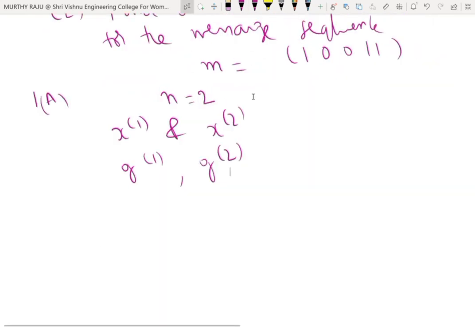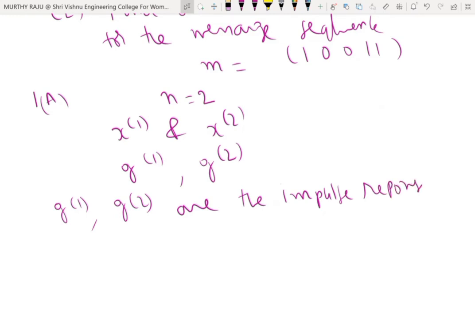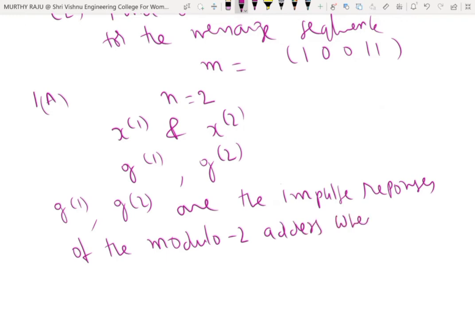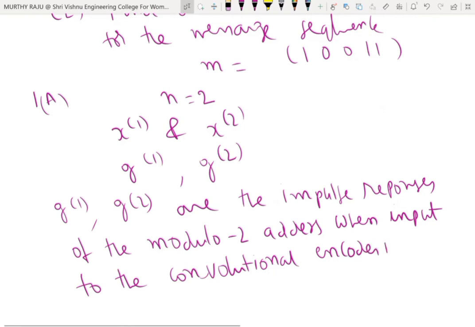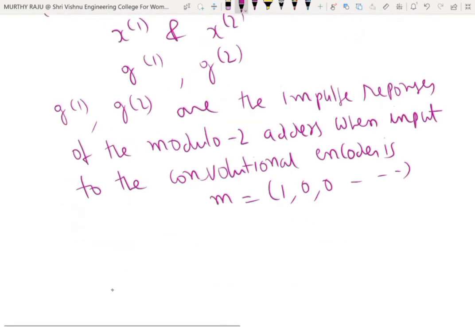The generator sequences are the impulse responses of the modulo 2 adders when the input to the convolutional encoder is m is equal to 1, 0, 0, 0. Okay.